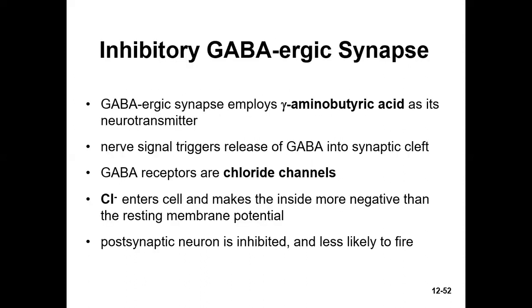Let me pause for a second here and talk about gamma aminobutyric acid in relation to what that equates to in our body, just for a little connection point. When we are deficient in GABA, there will be a tendency toward anxiety.